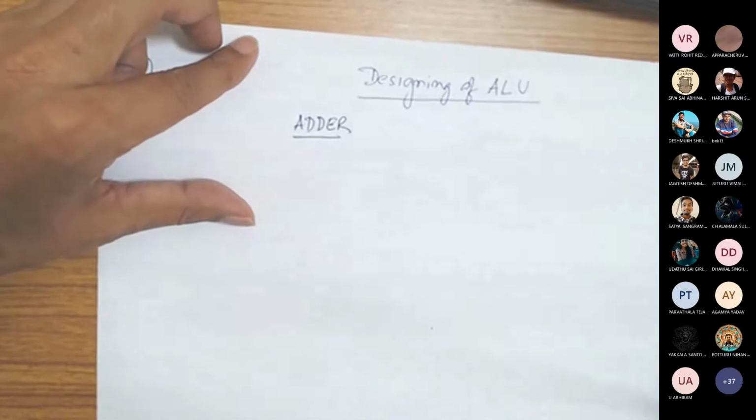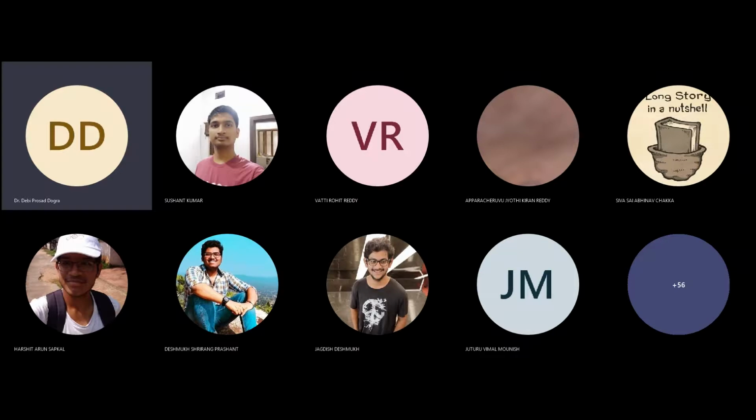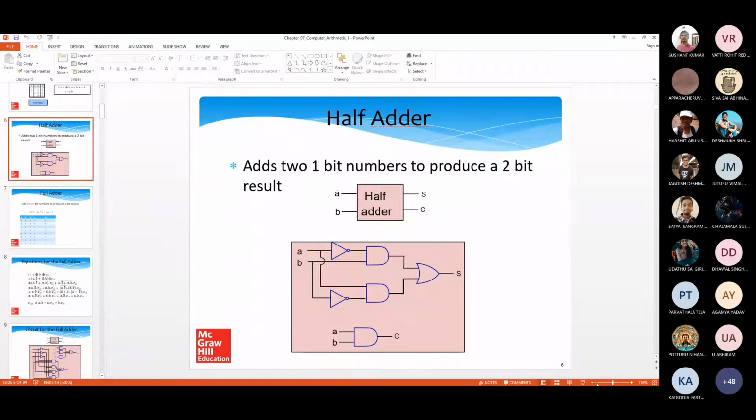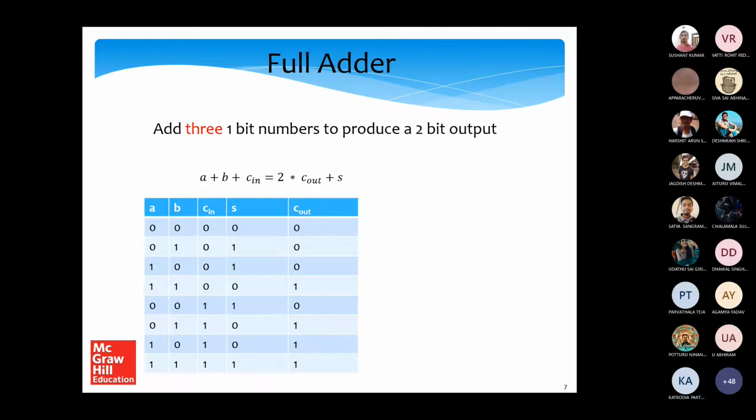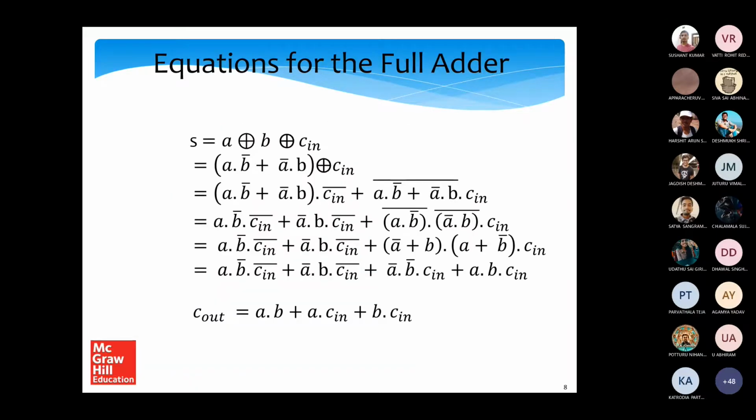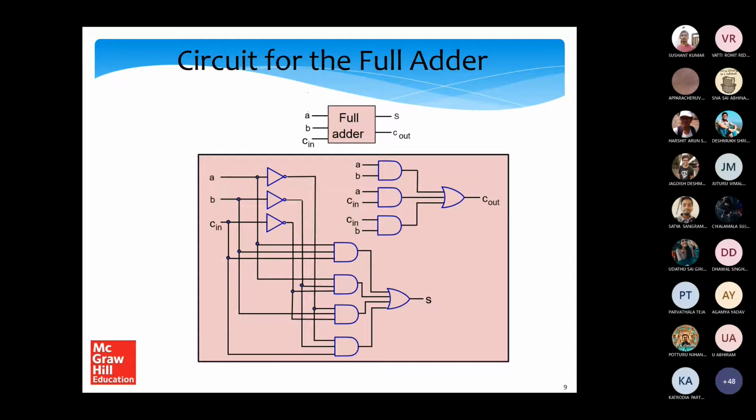To make it simple, let me show you the presentation, because I do not want to spend time designing these circuits today. Is my PPT slide visible? Yes, sir. These are Professor Sarangi's slides, I will share them with you. So this is a half adder circuit, the full adder truth table, and the equations. The circuit is very simple.